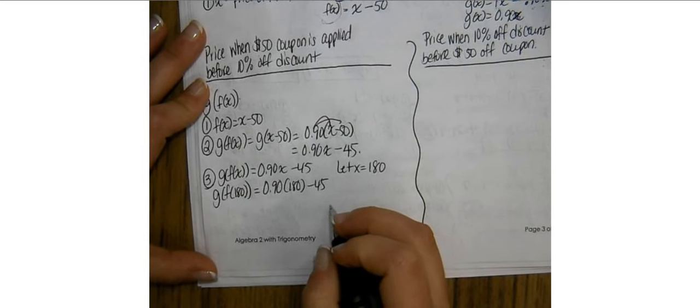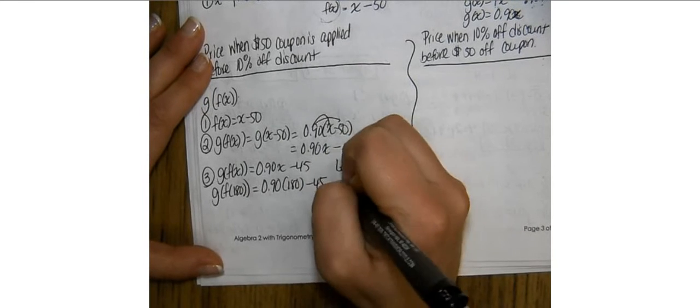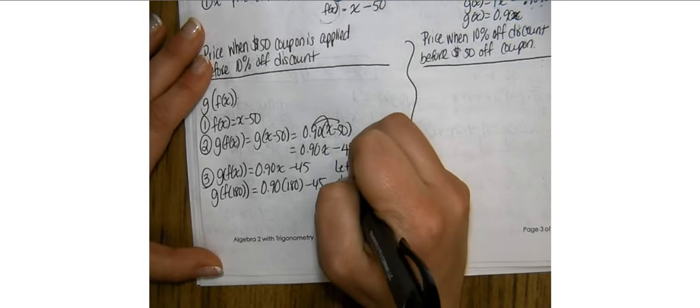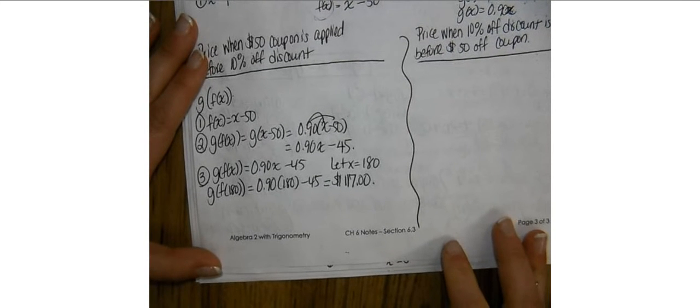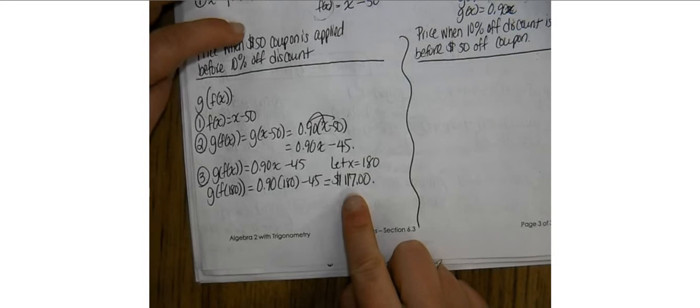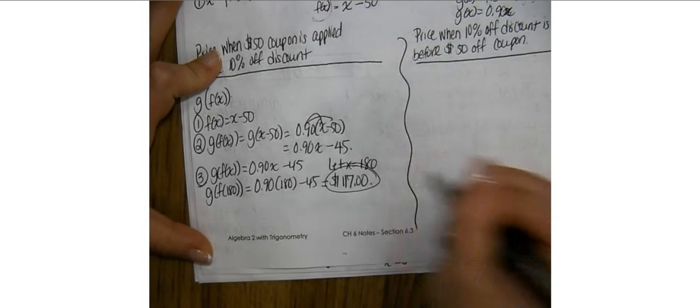And 0.90 times 180 minus 45, that is equal to $117. All right, so you would pay $117 if you applied the $50 coupon first and then took the 10% off discount. That's how much you would pay.